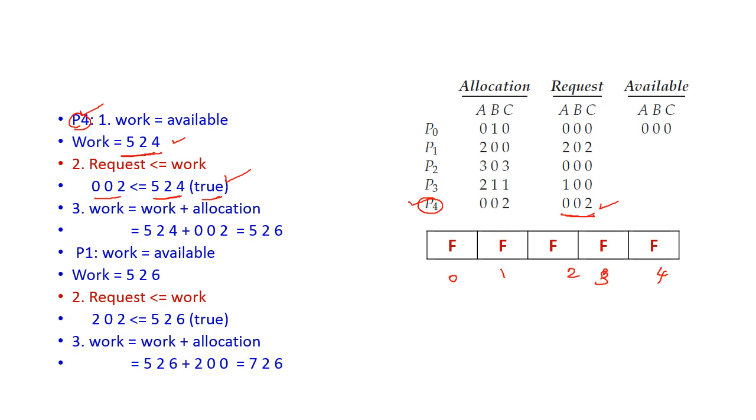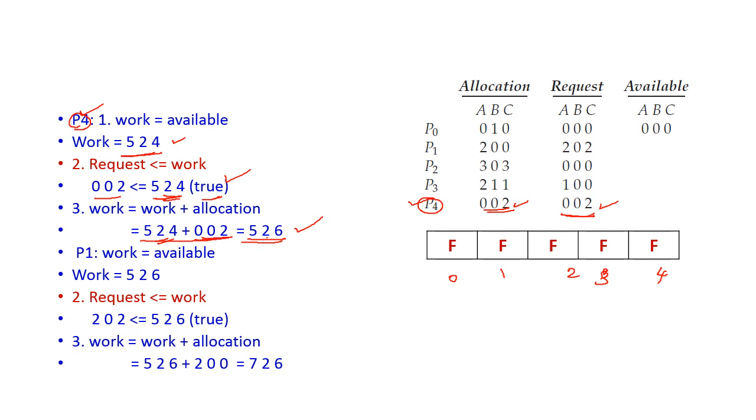Now after executing, P4 will release these resources. That will be added into currently available resources. That is 5, 2, 4 added to 0, 0, 2. What is the result? 5, 2, 6, isn't it?